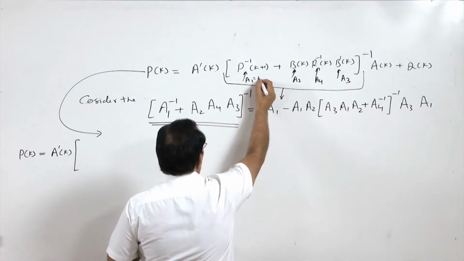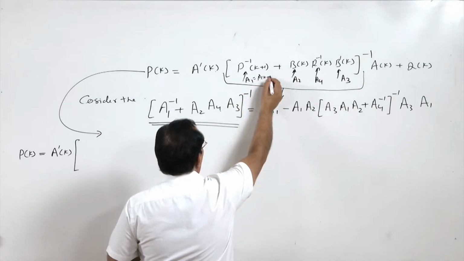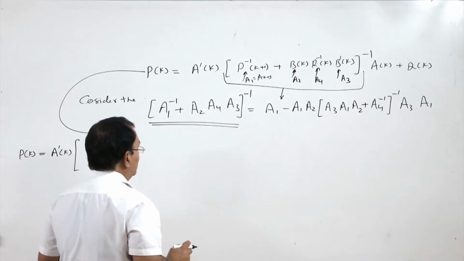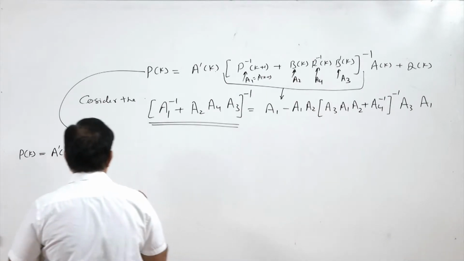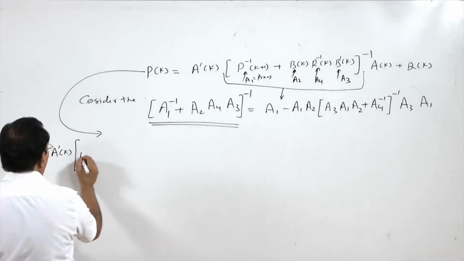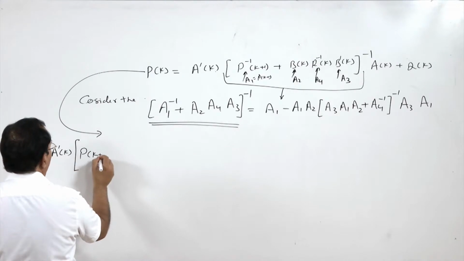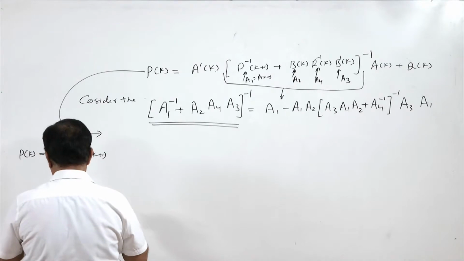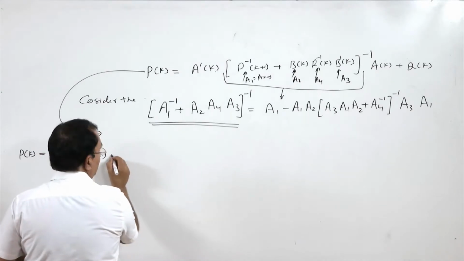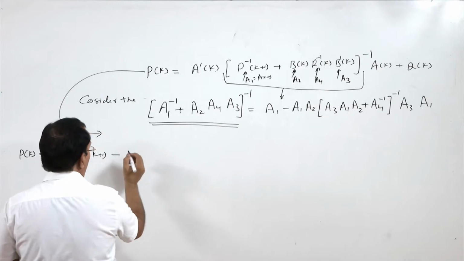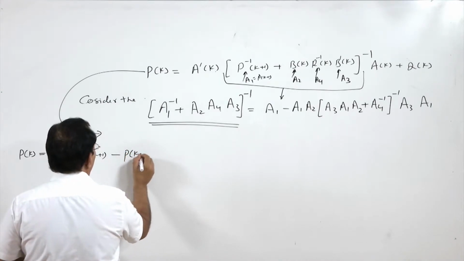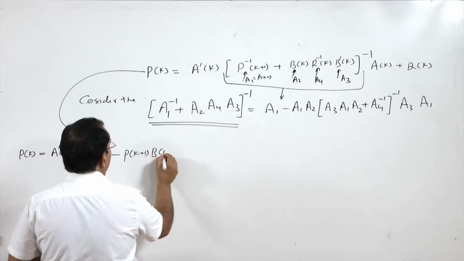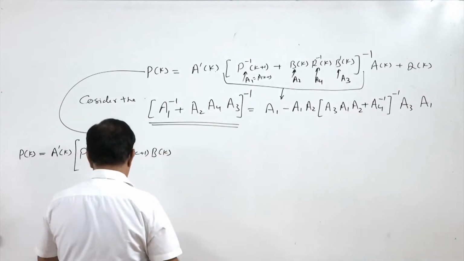A1 I am taking as P k plus 1, minus A1 A2, where A1 is P k plus 1 and A2 is my B k.